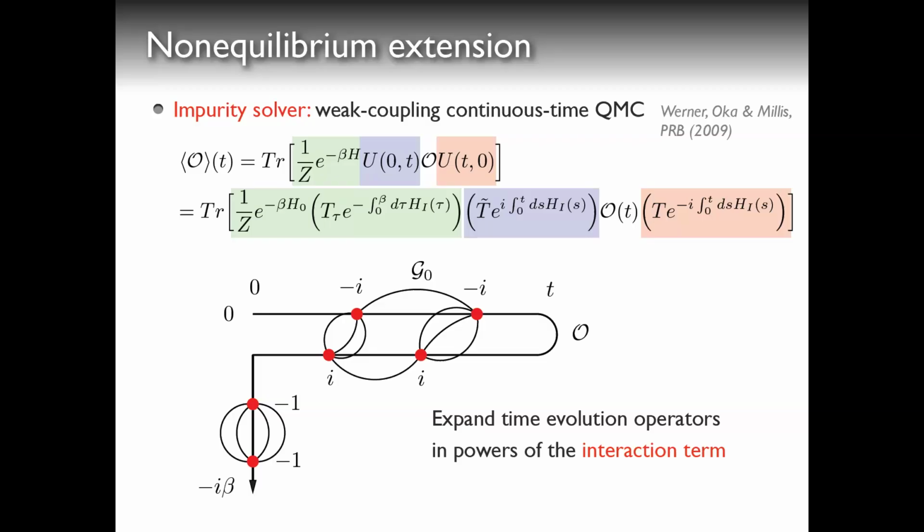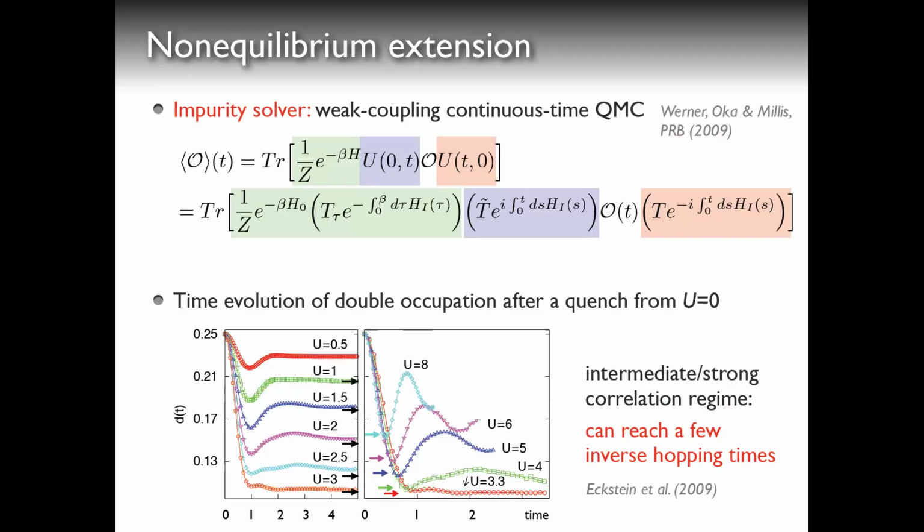In practice, this means that we are limited to relatively short times so that the perturbation order on the real-time branches is not too high. But okay, it works, and at least for short contours and not too strong interaction, we can obtain numerically exact DMFT results.